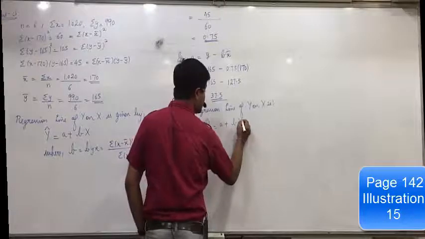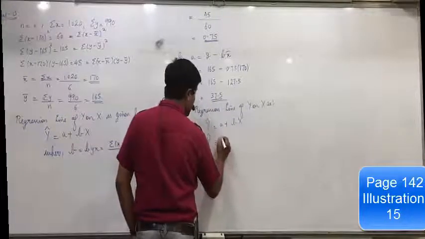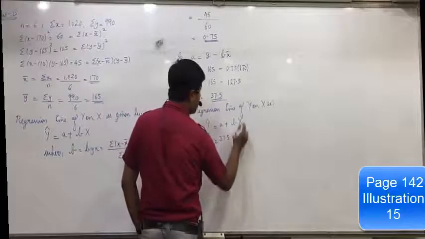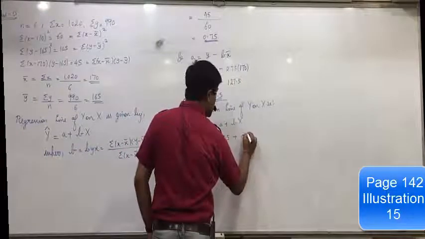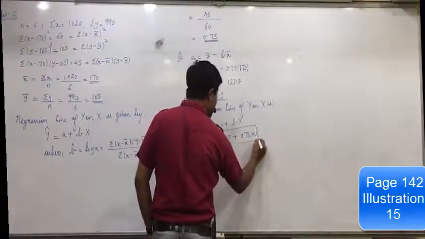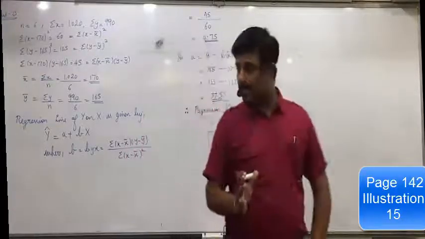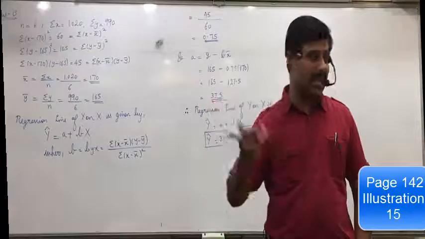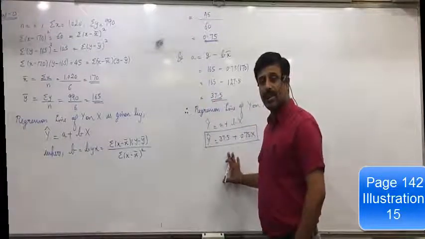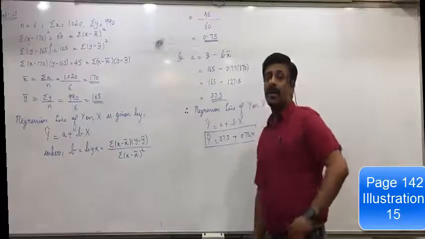Further, 37.5 plus 0.75x. Yes, in a we will put 37.5 and in b we will put 0.75x. That's it. In this question, no estimate is asked. Why, we will see that in the next point. We are just asked for the regression line of y on x.